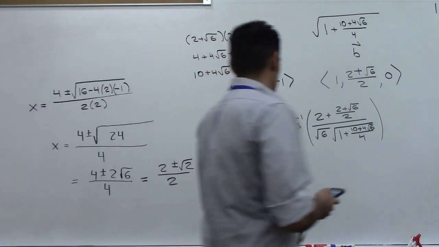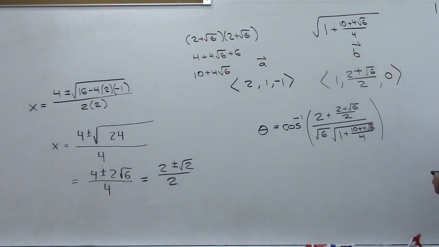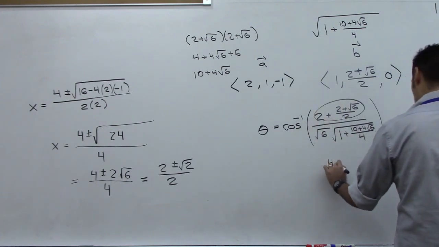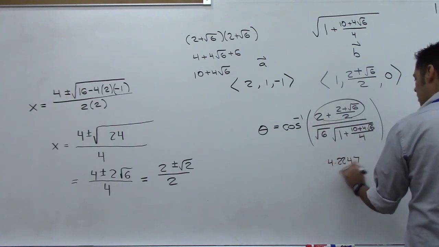Let me try it. Okay, I'm going to do root 6 plus 2, divided by 2, plus 2. So this whole top here, I'm getting 4.2247.